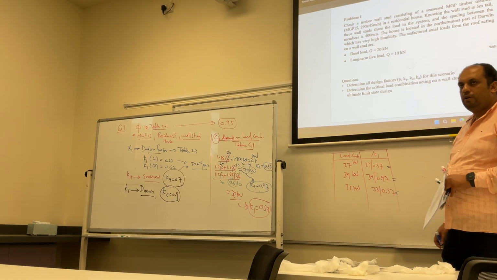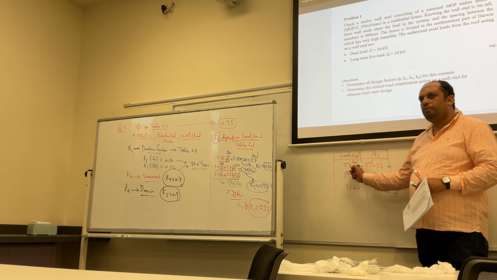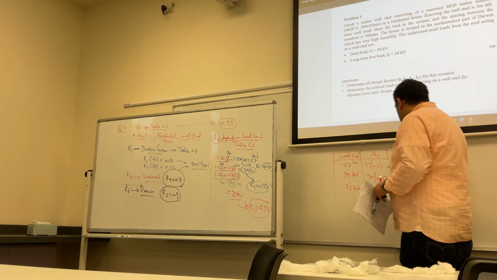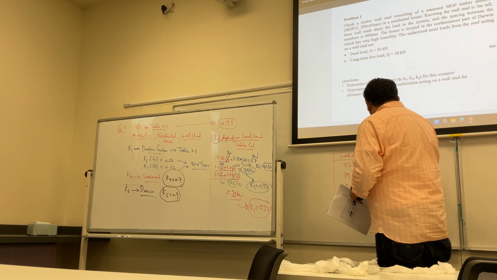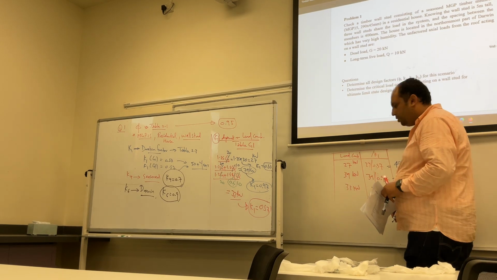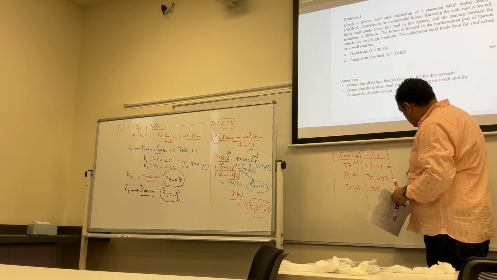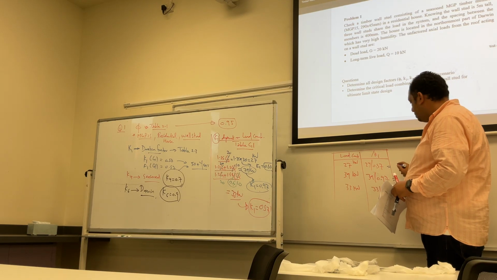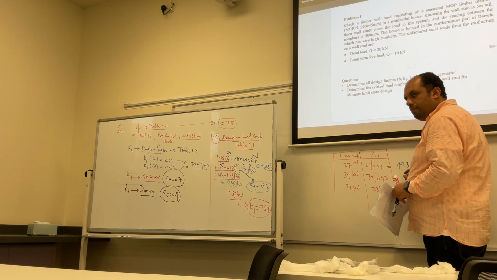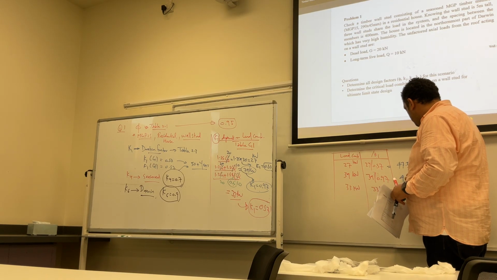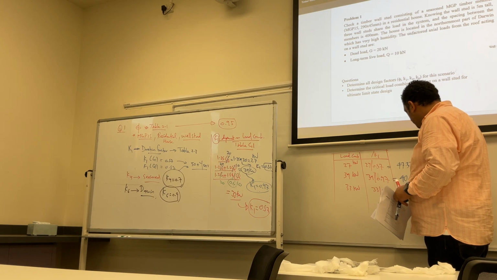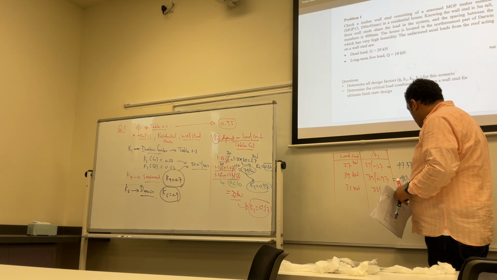What I did here is the load combination divided by K1. The first one is 47.37, the second one 40.21, and the last one 57.89.